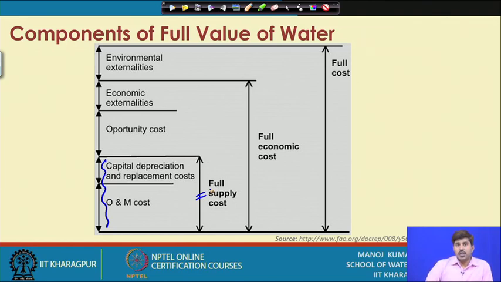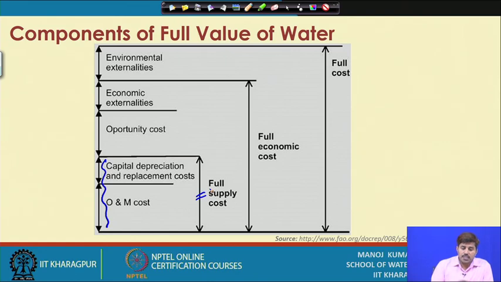Then there is opportunity cost: what are the alternate uses of the water, and if it is not being used for this purpose, how much value does this water contain? That is estimated under opportunity cost. Then there are economic externalities, which are generated from other economic aspects.